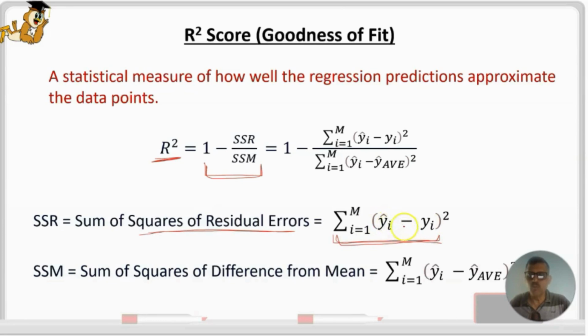On the last slide we wrote yi minus y hat squared. It's the same thing because there is a square over here. This is the square error. So that's the numerator, and the denominator is the sum of squares of differences from the mean.